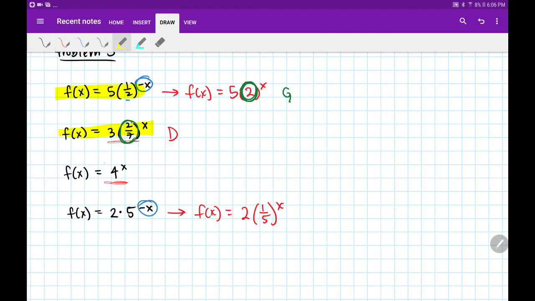Next example, 4 to the x. It's almost too easy. My base is greater than 1, and so this is growth. Finally, we're looking at this one right here. My base is 1/5, which is less than 1, therefore decay.